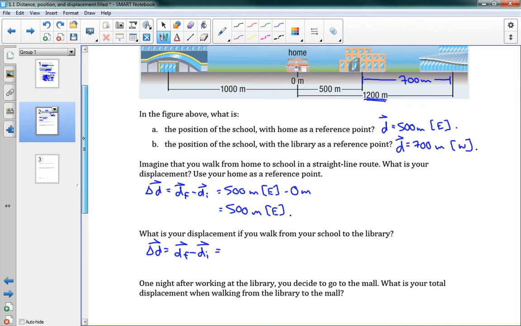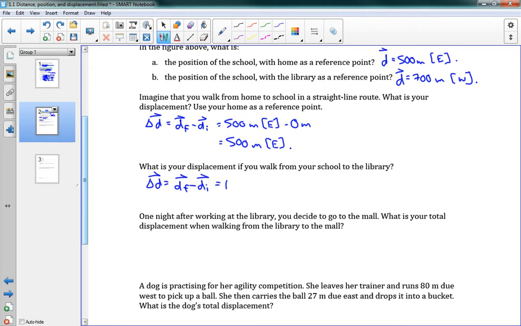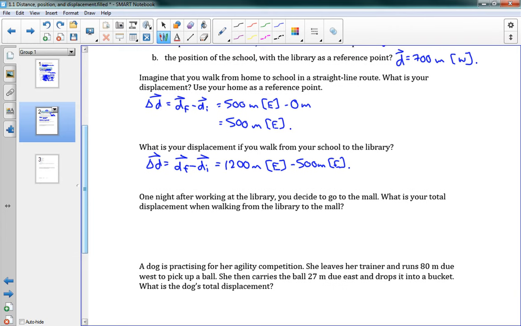Remember, we're using home as the reference point. We're 1,200 meters east of home. That's our final location. And our initial was at the school. Our school is 500 meters east. Good. Those are our two values. 1,200 minus 500, we get 700 meters east. That's our displacement.